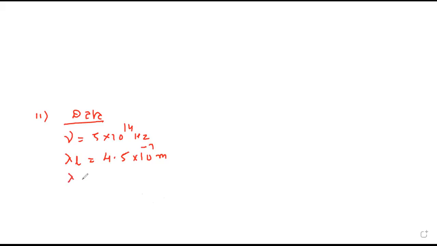Find the wavelength of light in vacuum, that means air, refractive index of that liquid, and velocity of light in that liquid. Now one by one we can start.